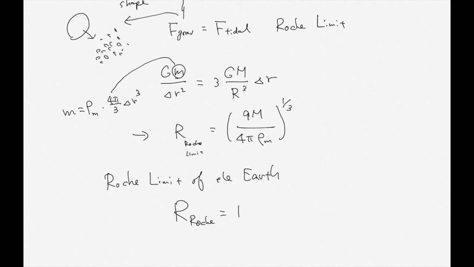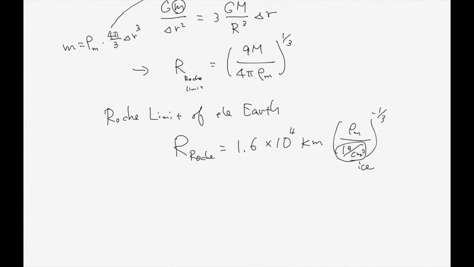Then it becomes 1.6 times 10 to the 4th kilometers, times (density over 1 gram per cubic centimeter) to the power minus 1 over 3. This is the typical density of ice. So it's about 3 times the radius of the Earth.